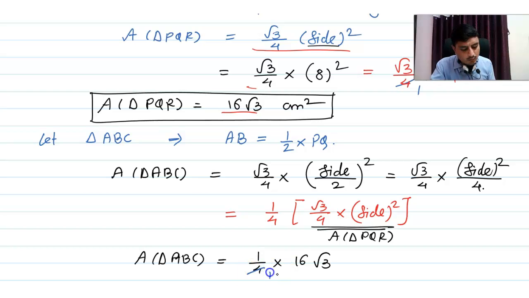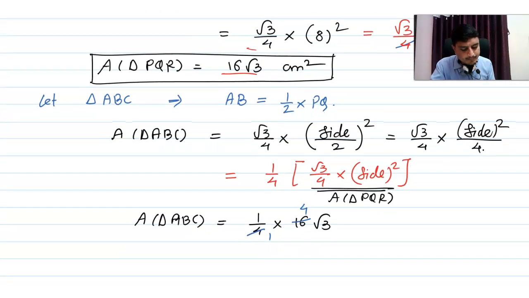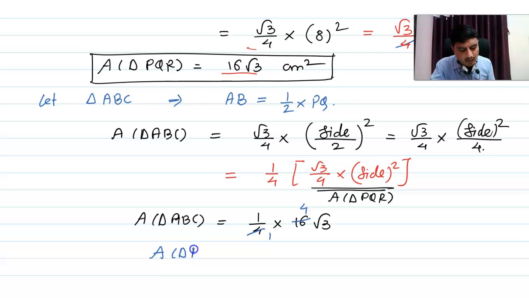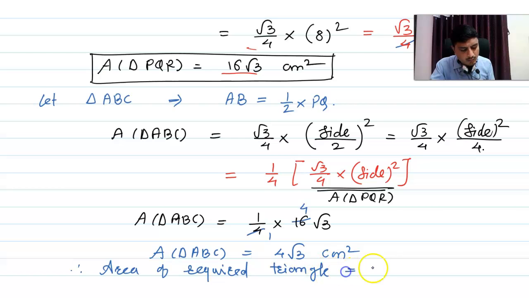We know 4 fours are 16, so the area of triangle ABC equals 4 times root 3 square centimeter. Therefore, the area of the required triangle is 4 times root 3 centimeter square.